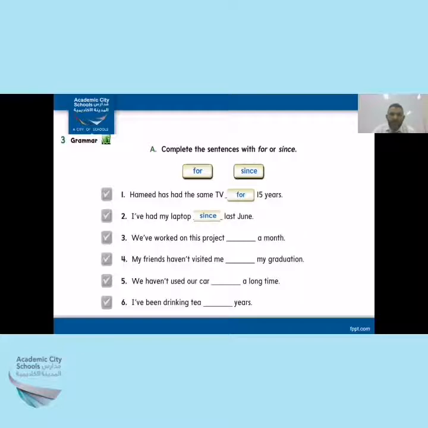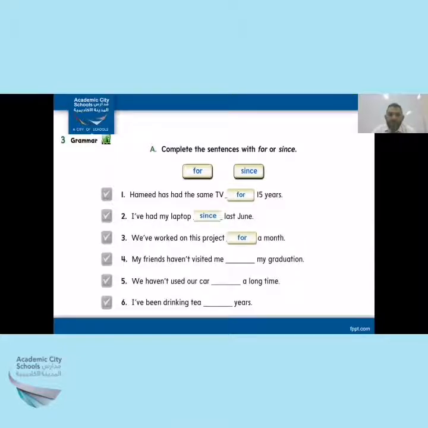Number 3. We've worked on this project, space, a month. Here we have, after the space, the word a month. So we use for a month. A month is a period of time.